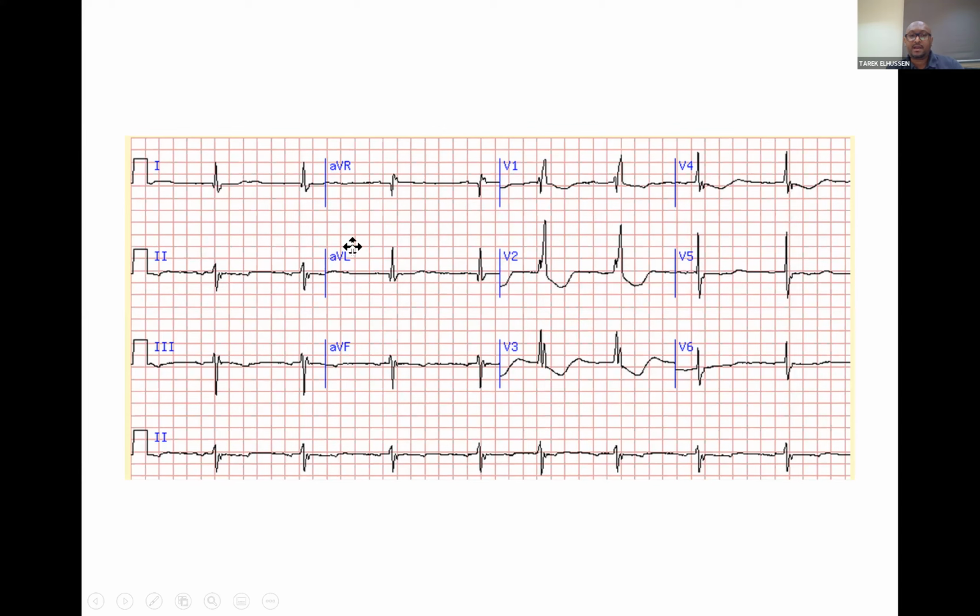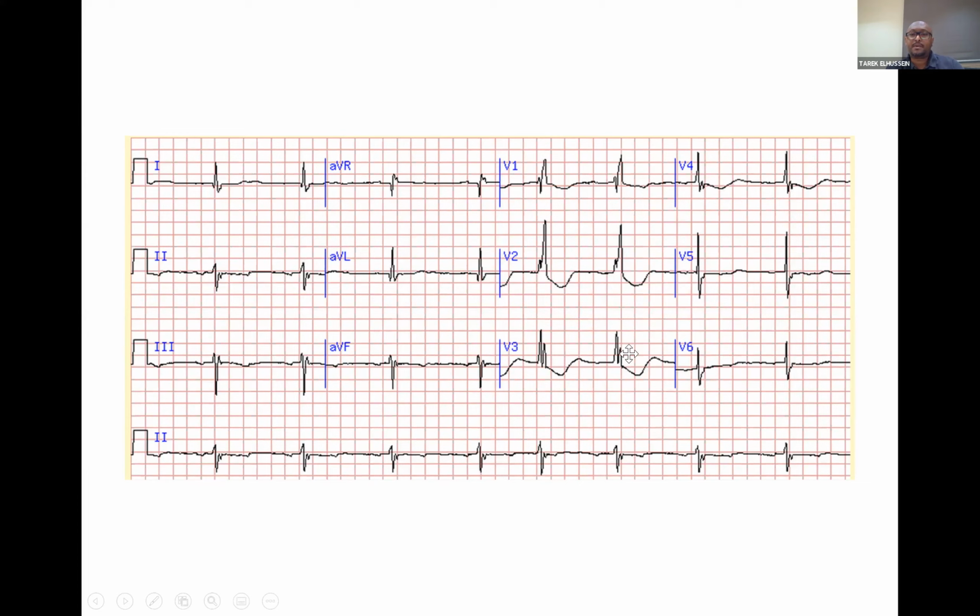Usually the R in AVL is greater than the S in lead 2. So up to here all the rules are there. The R wave progression, you look at the initial R is small and there is deep S waves in V5 and 6. These S waves were not present in the preceding ECG. So that's a classic left anterior hemi block.